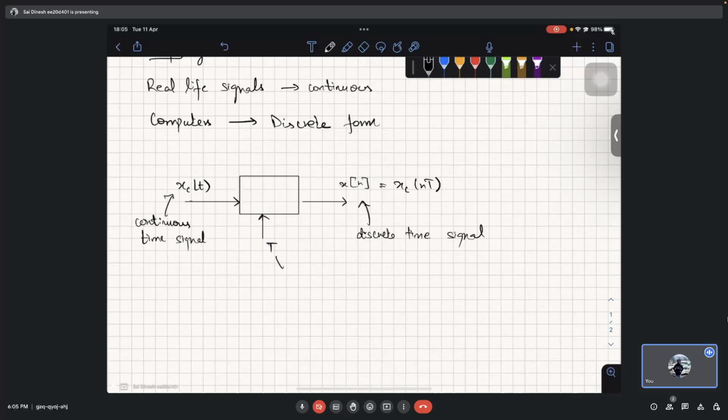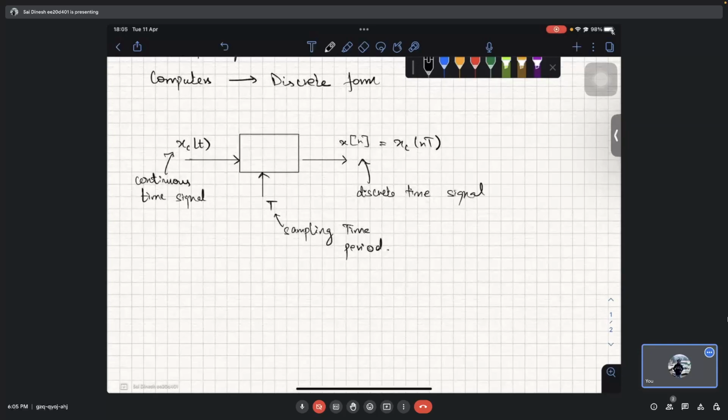And T is the sampling time period. So basically what we do is we take equally spaced points from the continuous time signal and then convert it into a sequence to get the discrete time signal.